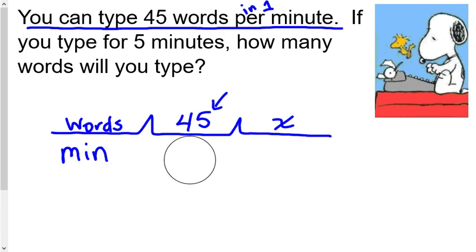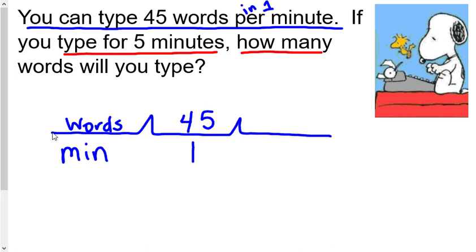If you did this correctly, what you should have written is what the problem says. So the first sentence tells us you can type 45 words in 1 minute. And then the question part of it is, if you type for 5 minutes, how many words will you type? So I'm going to type for 5 minutes, and I want to know how many words.